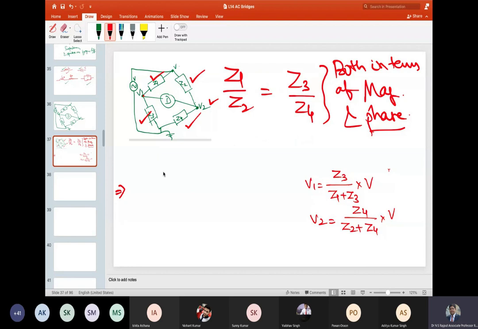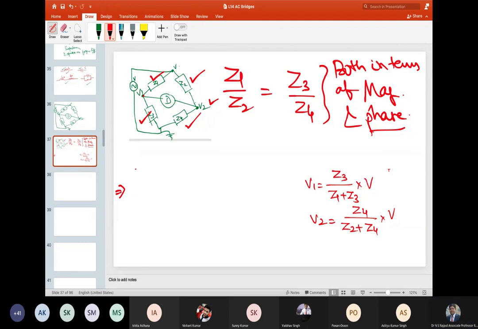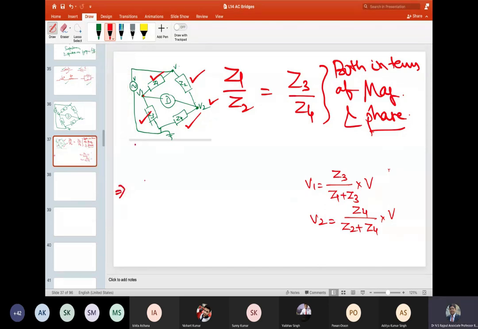So this simply means that I can write Z3 by Z1 plus Z3 is equal to Z4 by Z2 plus Z4, right?